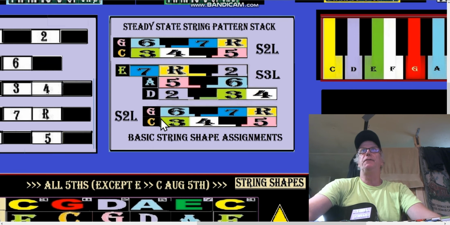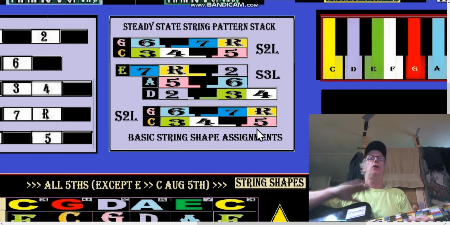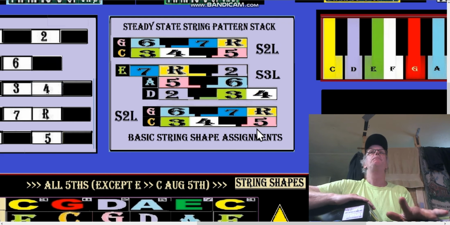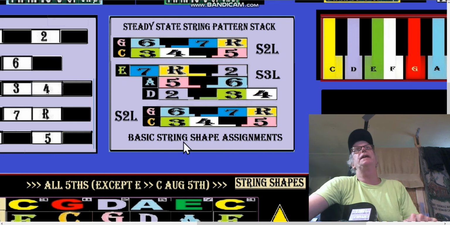This is the new definitions. Now we've all seen the S2Ls and the S3Ls, and these are patterns, but we're no longer going to be dependent on patterns alone. We're going to take each string and call it a pattern itself.